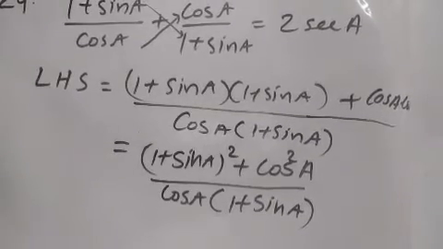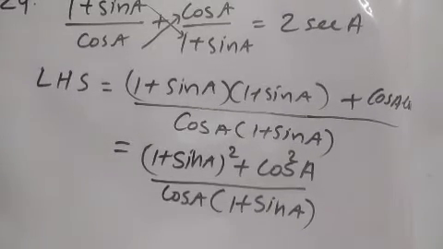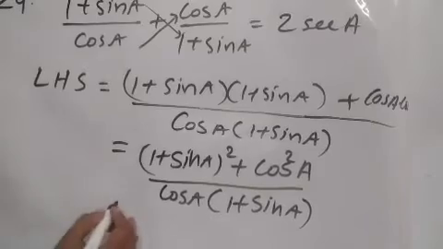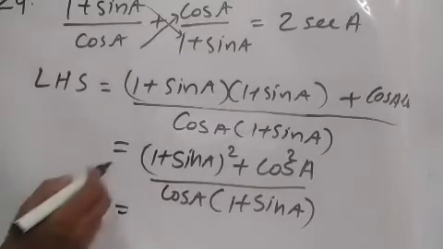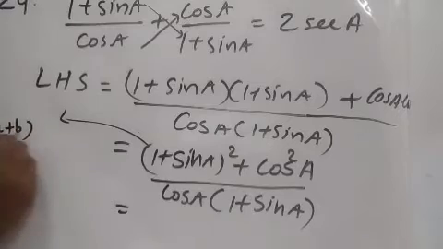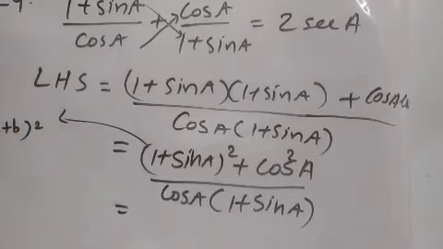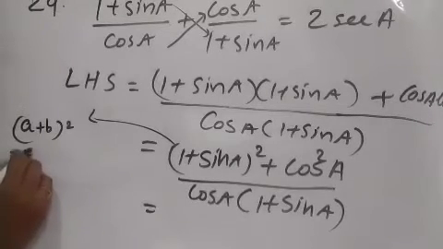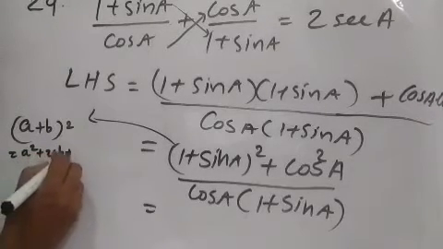We know that A plus B the whole square is A square plus 2AB plus B square. We can apply that here. 1 plus sin A the whole square is of the form A plus B the whole square. What is A plus B the whole square? Yes, it is A square plus 2AB plus B square.